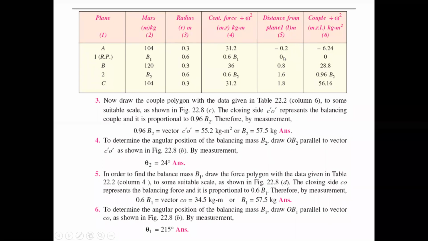Plane 1 is taken as the reference, so its value is 0. Plane A is on the left side of plane 1, so that value is considered negative: minus 0.2, the gap between plane A and plane 1. Next plane B is 0.8, the second value is 1.6 and the third value is 1.8.